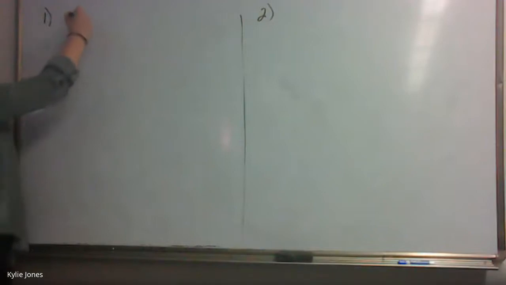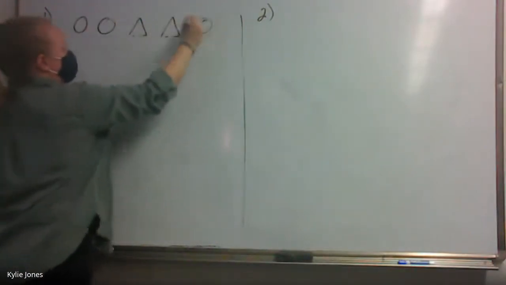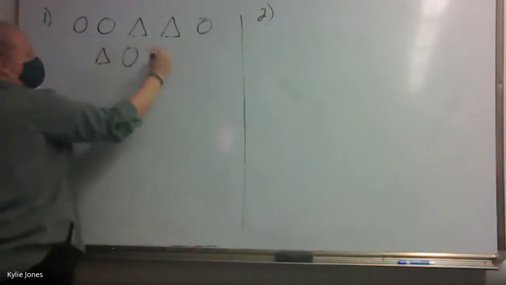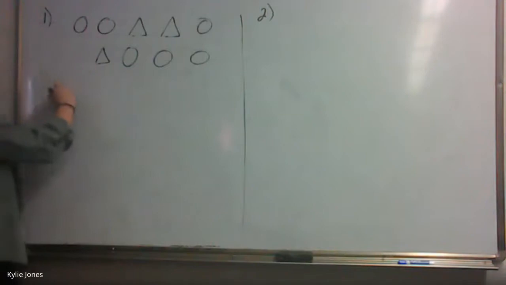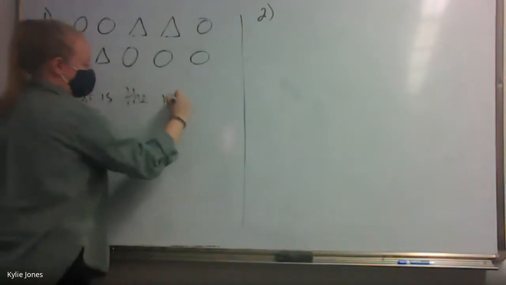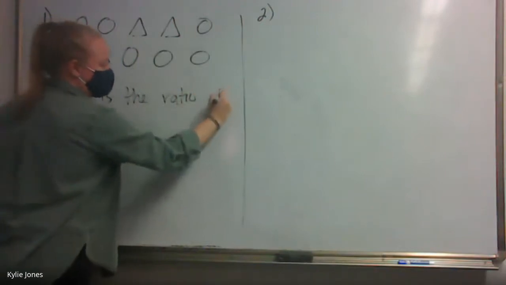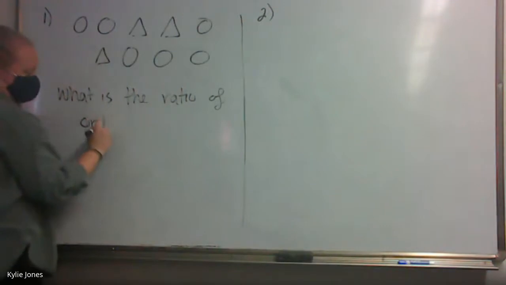So let's say, let's do circles, triangles. That looks good. So what is the ratio? I need a new marker. Let's do circles to triangles.